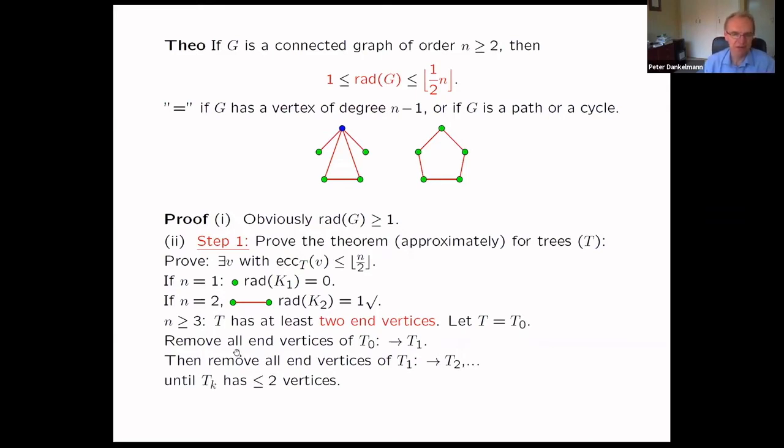And then I'll do something, and I'll repeat that a few times. I remove all end vertices of T0. Then I get a new tree, T1. Then I take T1, remove all end vertices, I get a tree T2. And then I remove again all end vertices. I keep doing that until I get a graph, let's call it TK, that has only 1 or 2 vertices.